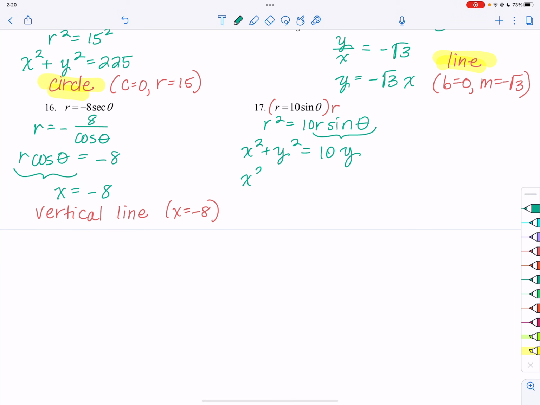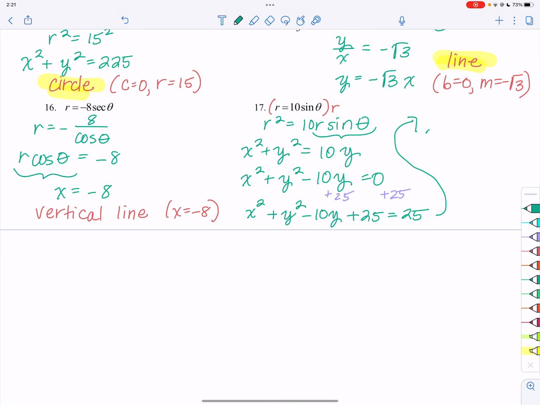So we have x² + y² − 10y = 0. Now, let's go ahead and add 25 to both sides so we can complete the square. So when we do that, we come up with x² + y² − 10y + 25 = 25.